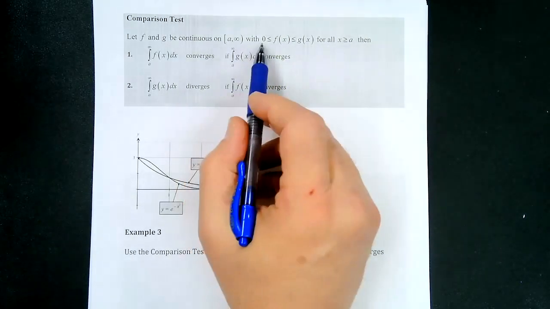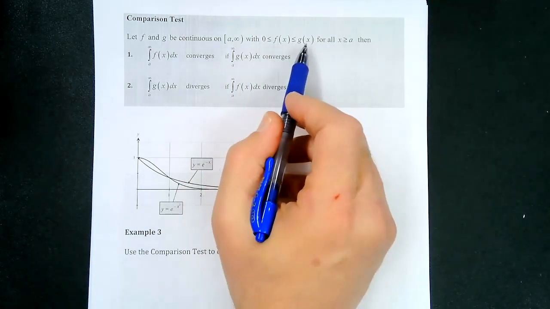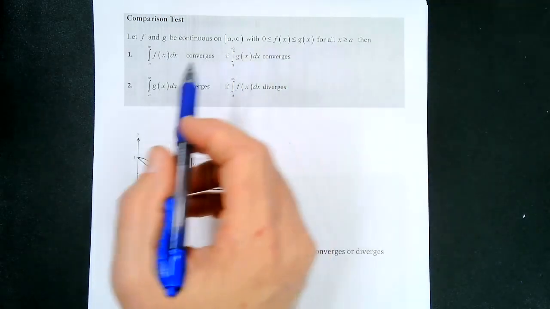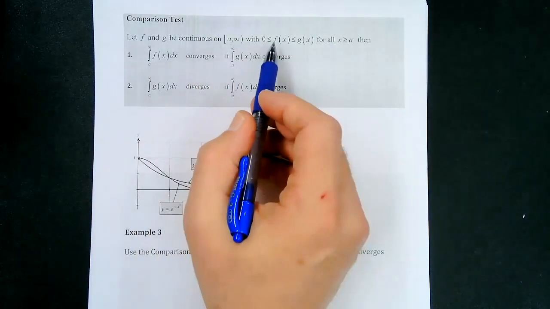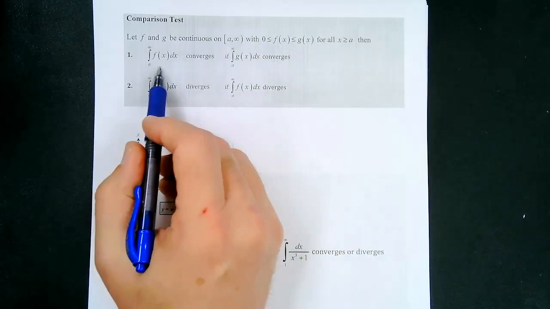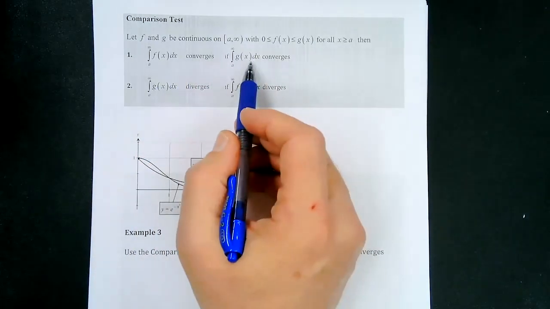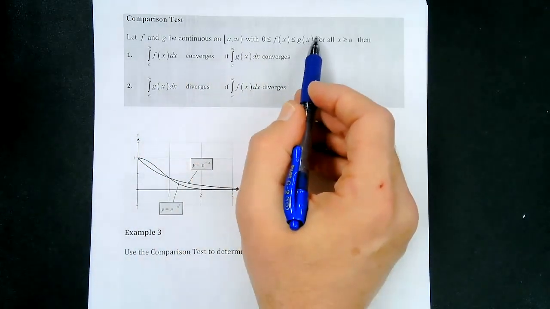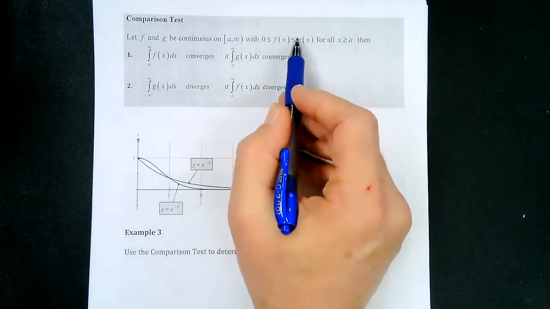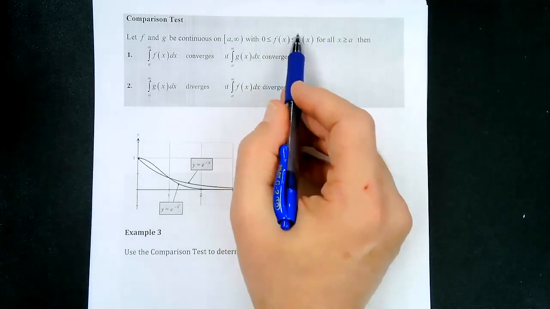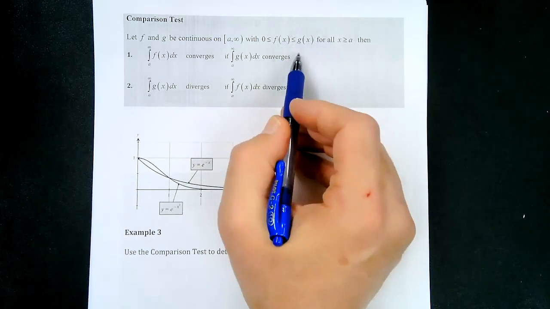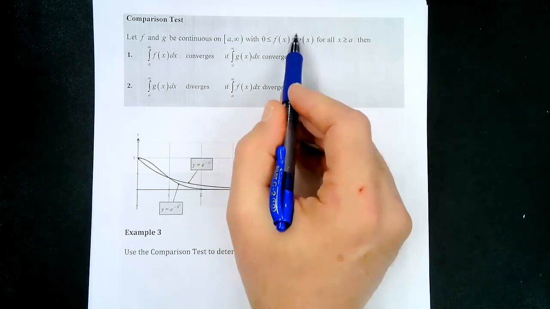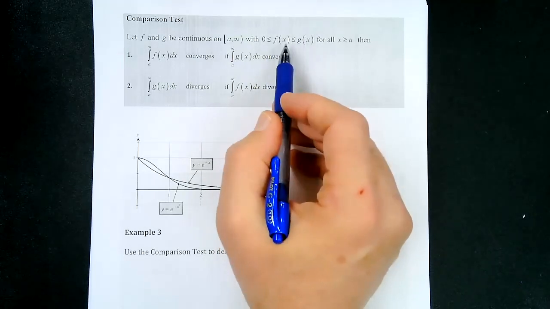So from a on, f of x is smaller than g of x. Then this one in the middle will converge if the outside one converges. If the outside one is converging, it's going to force the inside one to squeeze down and also converge. That's what this is all about.